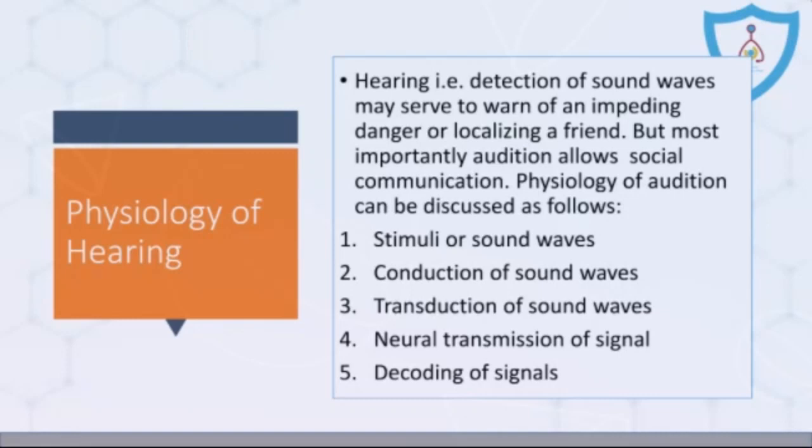After that, we have fluid conduction in the inner ear, and then those vibrations must be transduced, or transformed, from vibrations to electrical signals. So we've got transduction of the sound waves to form an electrical impulse, and that impulse must be transmitted. So we've got neurotransmission of the signal to the brain, and then the brain can decode those signals and interpret and tell us what really is going on in the environment.